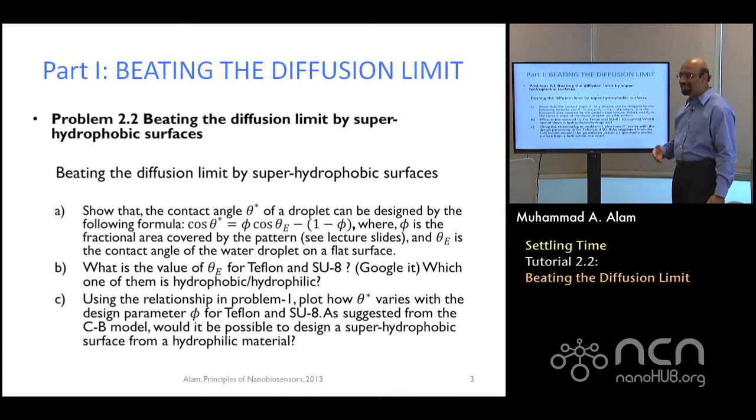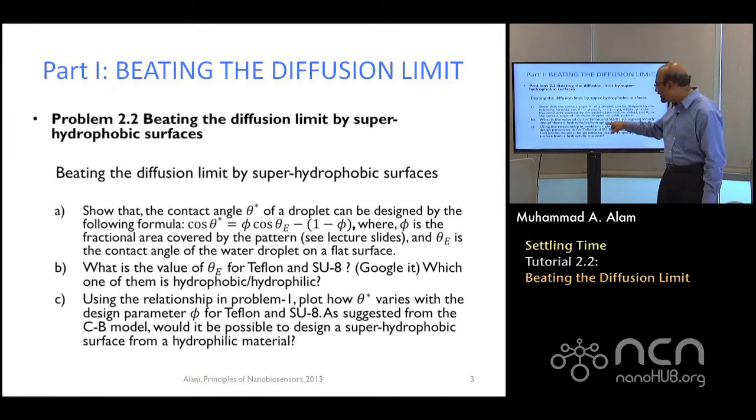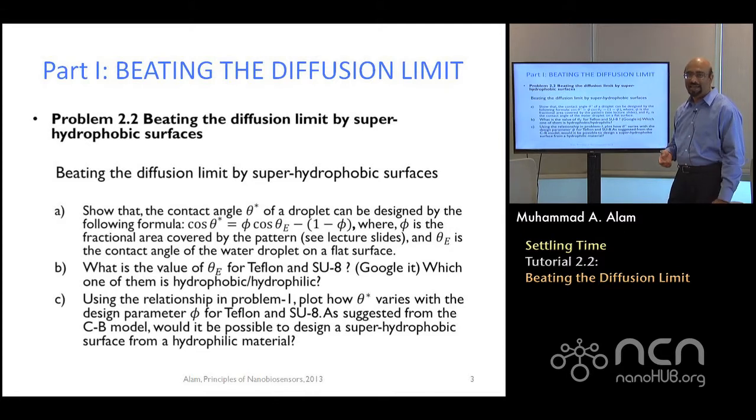Where did all the surface tension go of this original problem? And then I wanted to point out some specific aspect: if you just use the formula blindly, it can give you some unphysical results that you have to be careful about. So I wanted to take this example of Teflon and SU8, two different materials, and show you how or why you should be careful when using this formula.